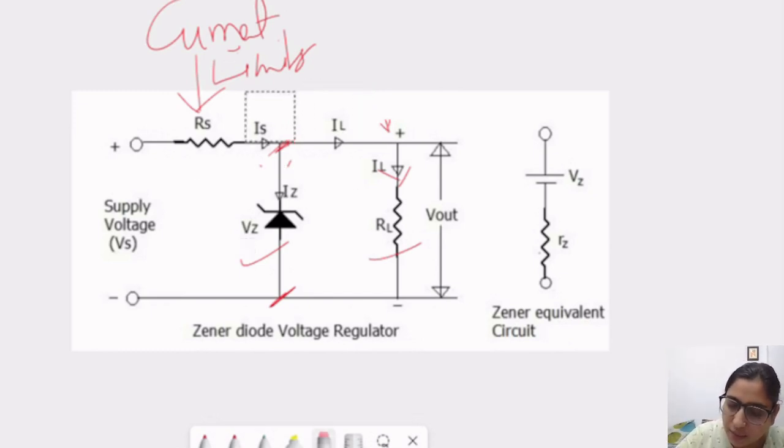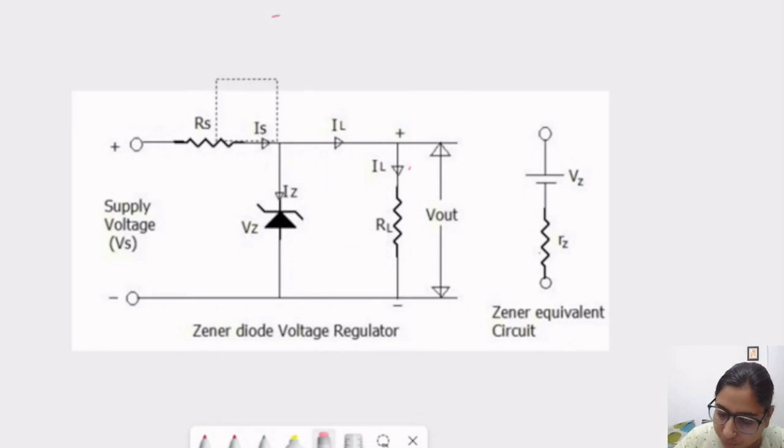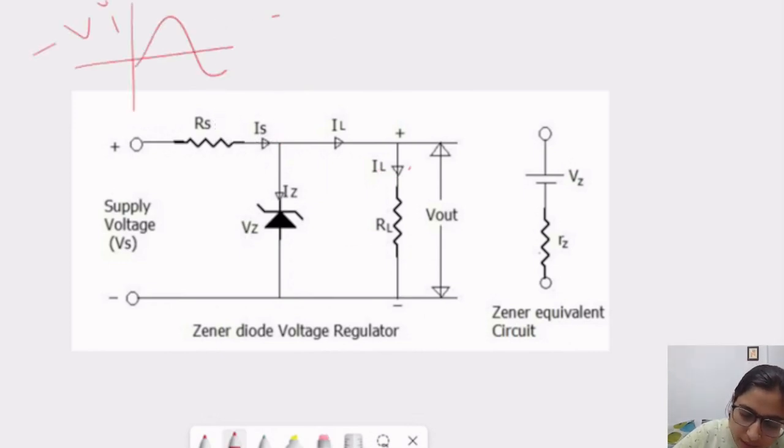Now we will discuss what is happening in the circuitry. This is our input voltage, plus Vi, minus Vi. Now if high current is coming, one more property of the Zener diode is that it can change its resistance according to the input voltage. If the input voltage is high, current will also increase.